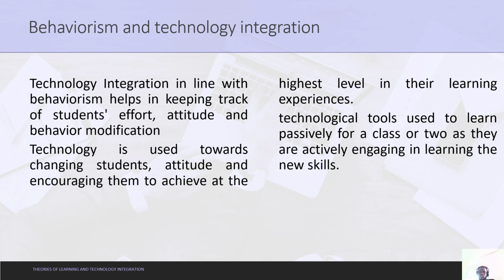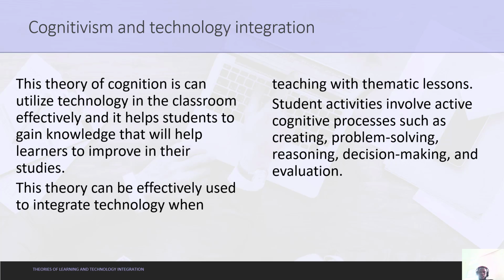Technology integration lessons that relate to behaviorism are geared towards getting the desired outcomes in order to change the students' attitudes and encourage them to achieve at the highest level in their learning experiences by use of various technologies. Educators can start off by allowing students to use technological tools and learn passively for a class or two as they actively engage in learning the new skills.